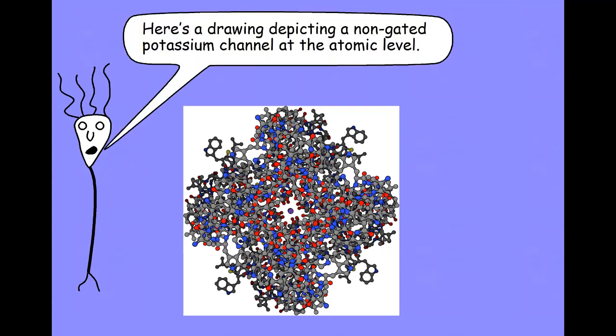So here's a drawing depicting a non-gated potassium channel at the atomic level. You can see there's a collection of protein structures here. There's an opening here, and that would be where our potassium can flow into our neuron.